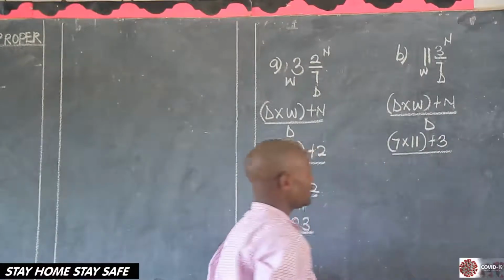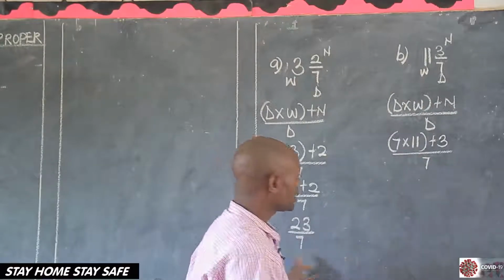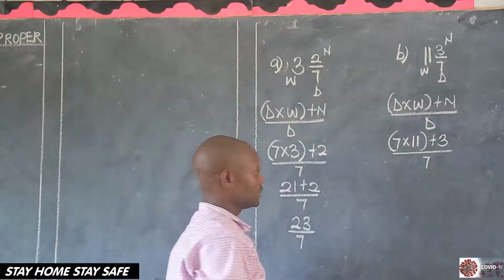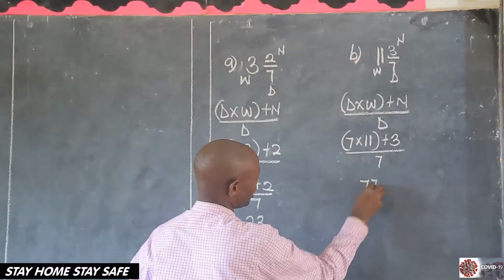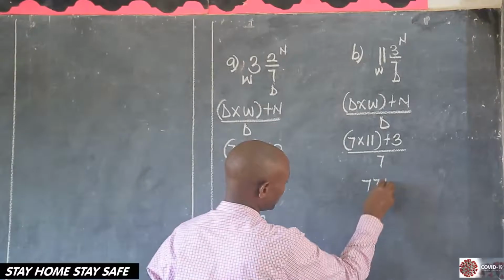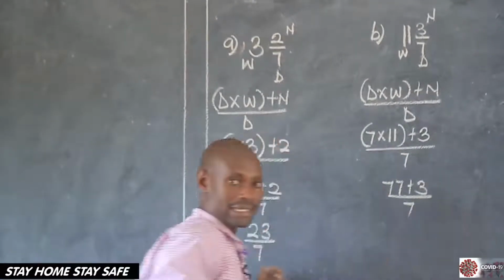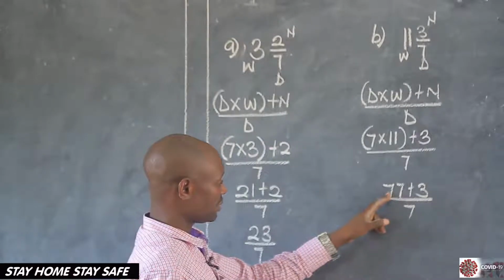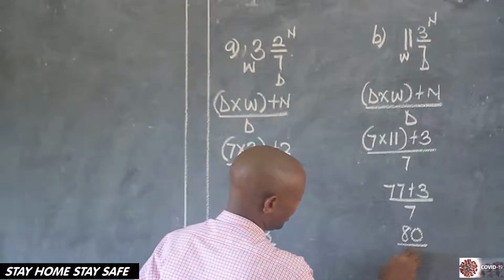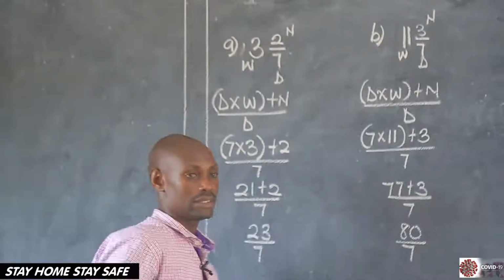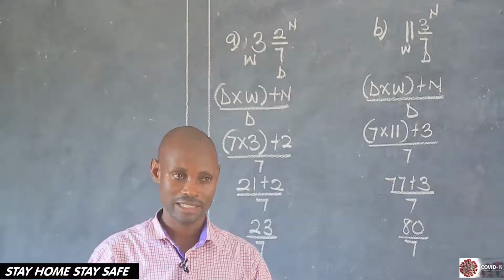And everything is out of the denominator, which is 7. Okay? 7 times 11, we shall come up with 77. But don't forget that you have to add on the 3, maintain the denominator. And 77 plus 3 is going to give us 80 out of 7. Basically, that's what we looked at in our previous lesson.